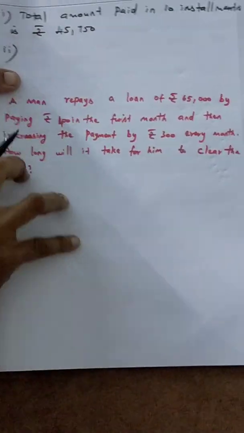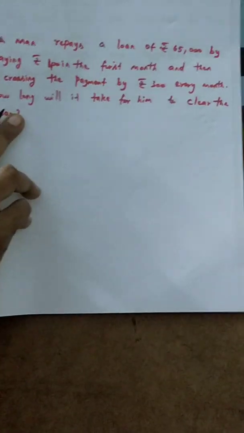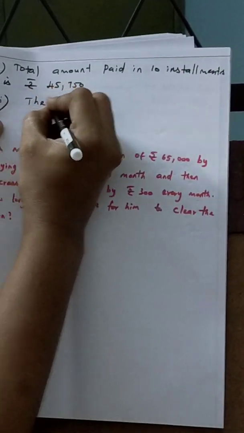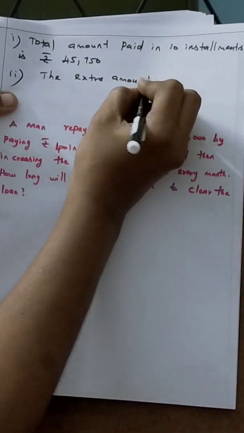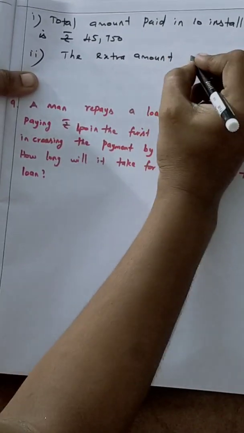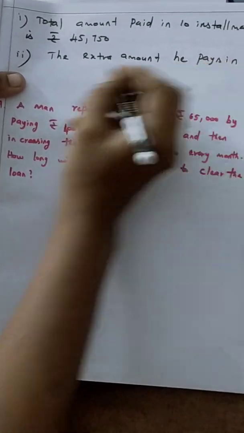So what is the second question given? How much extra amount does he have to pay than the cost. You find out the extra amount. The extra amount he pays in installments.